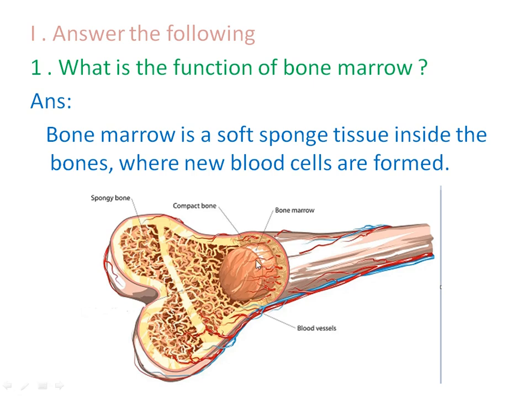These are the sponge bones. Bone marrow is a soft sponge tissue inside the bone. This is the inside of the bone. This is the bone marrow, present inside the bone, and new blood cells are formed here. This is all about bone marrow.